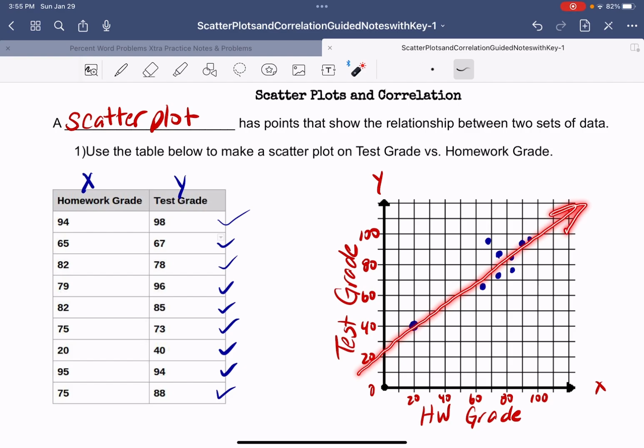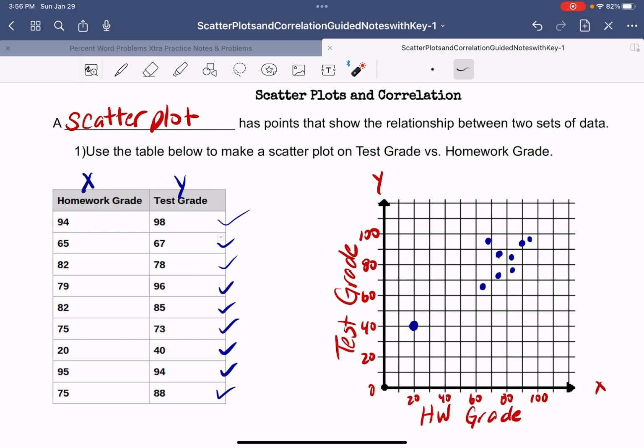That's kind of what we're seeing, right? And I imagine that if we start to get more data points down here, say we were to examine 3 or 4 classes, we might see a stronger correlation. You might start seeing something like this, and more dots coming together. So that's looking at a scatter plot.